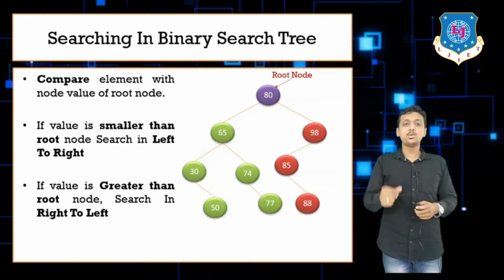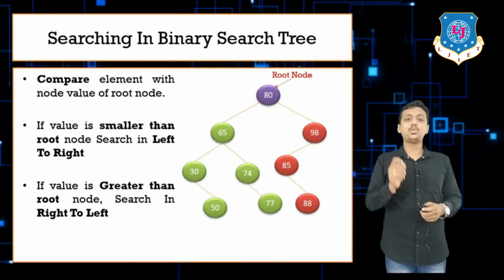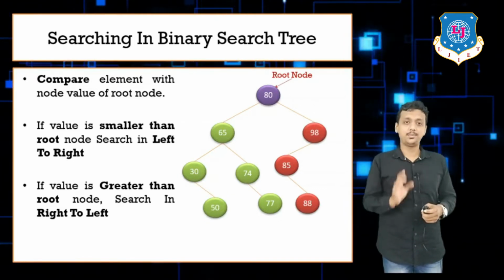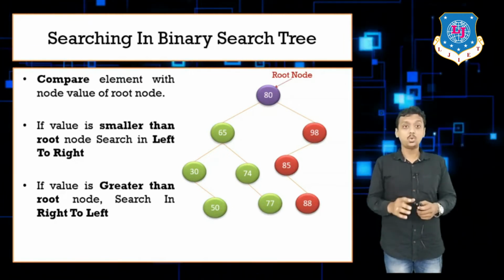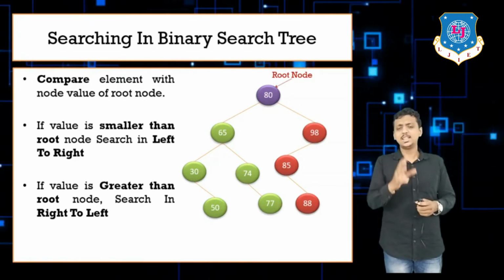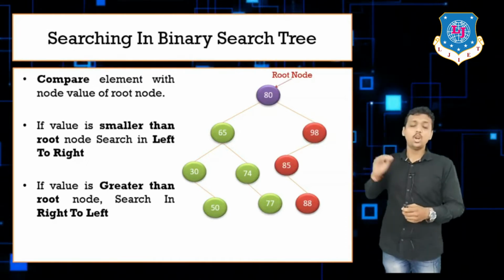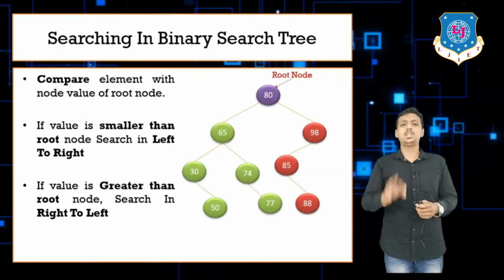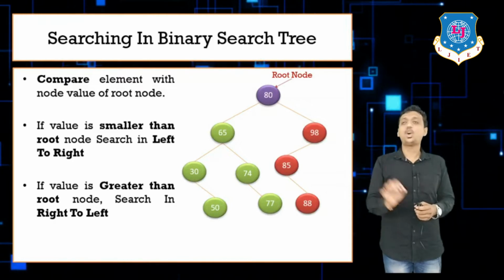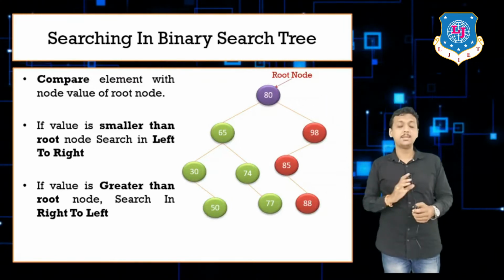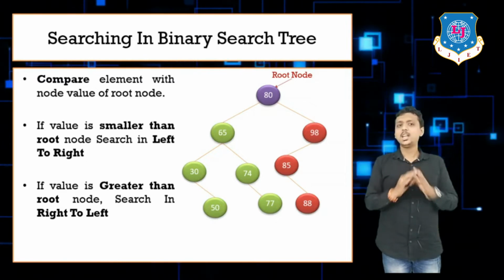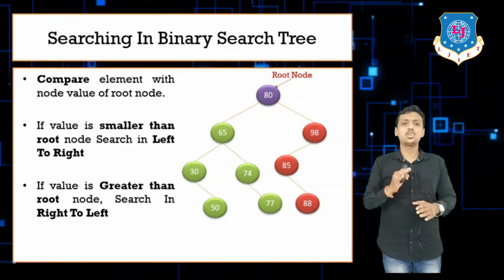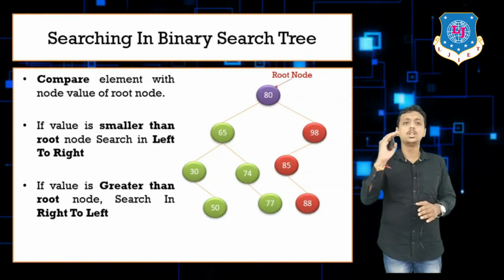Now, suppose students, you want to find 85. How can you do it? See, you need to always start any operation in binary search tree from the root node. Remember this: always start any operation in binary search tree from the root node.